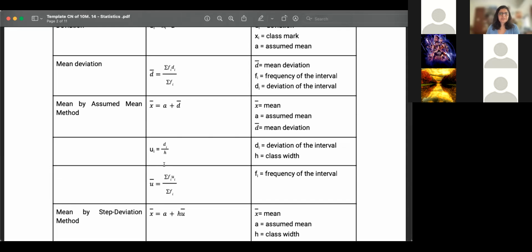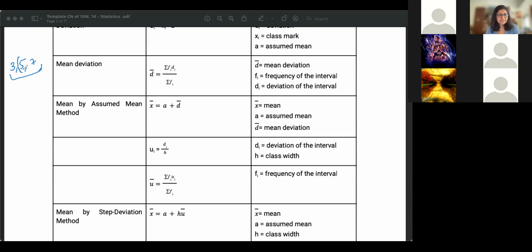So finding the mean by assumed mean method. Just like the name implies, first you're going to assume a mean. So what is mean? It's the average of all the values, right? If I ask you what is the mean of 3, 5, 7, can you tell me what is the mean of these three numbers? 5.